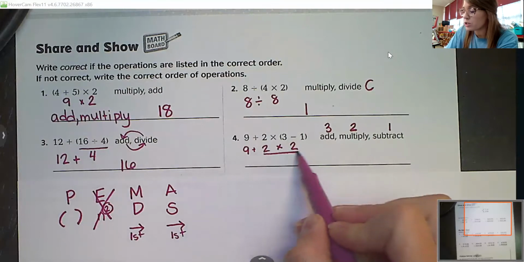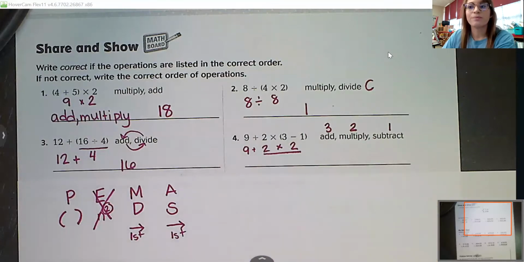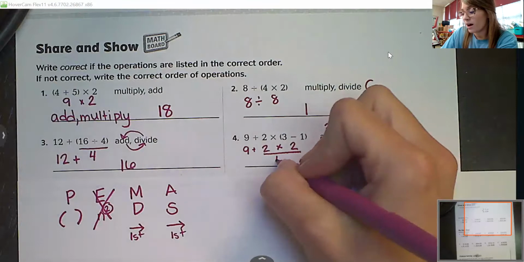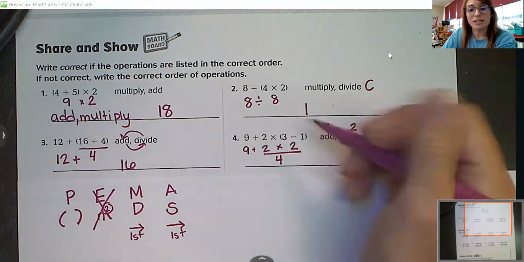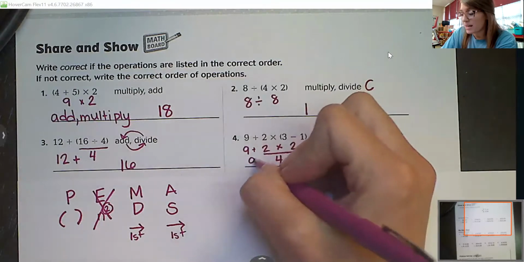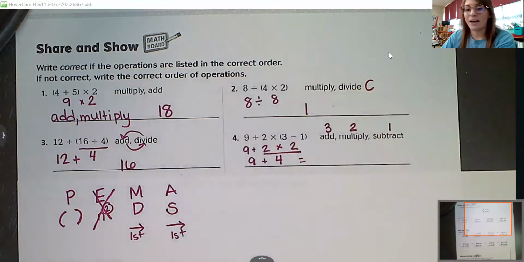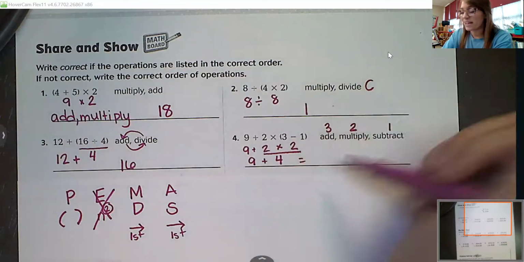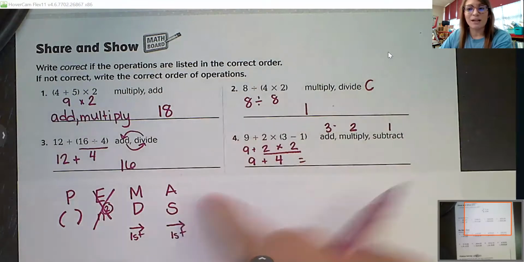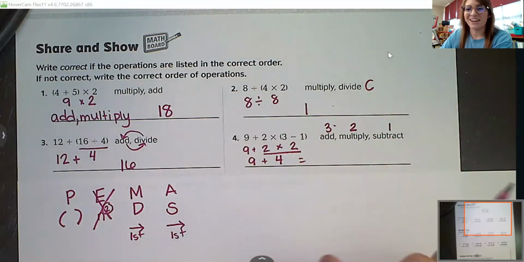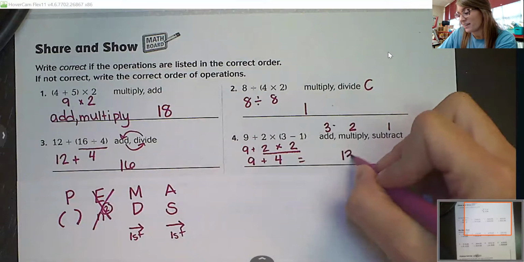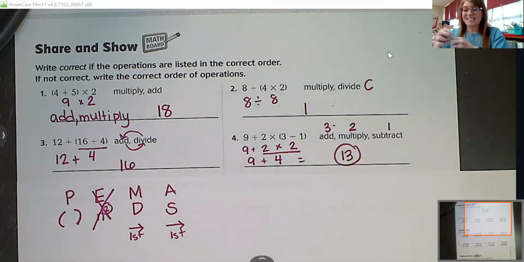So what is 2 times 2? Very good. 4. Awesome job. And then I'm going to copy the rest of my problem down. So I'm going to bring that 9 and that addition symbol on down. And now all I have left to do is add. 9 plus 4 is? Very good. 13.